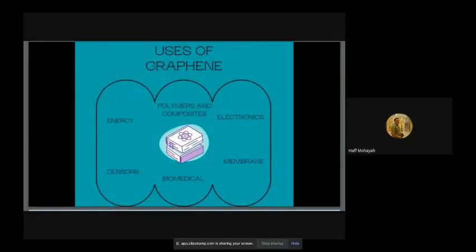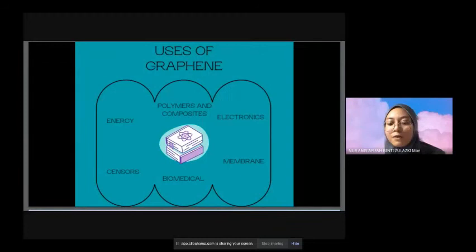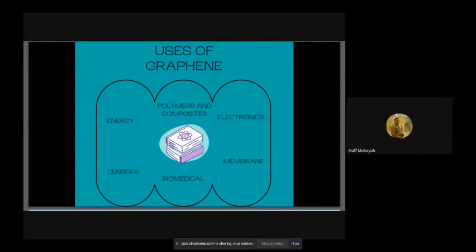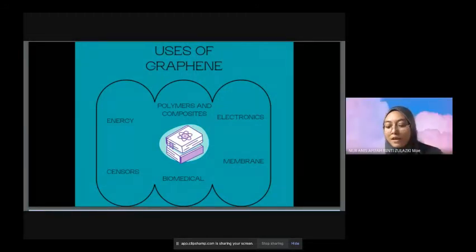So these are the uses of graphene. The first one is polymers and composite. The combination of graphene and polymer produces durable, long-lasting polymer composite materials resistant to chemical, corrosion, and thermal degradation.